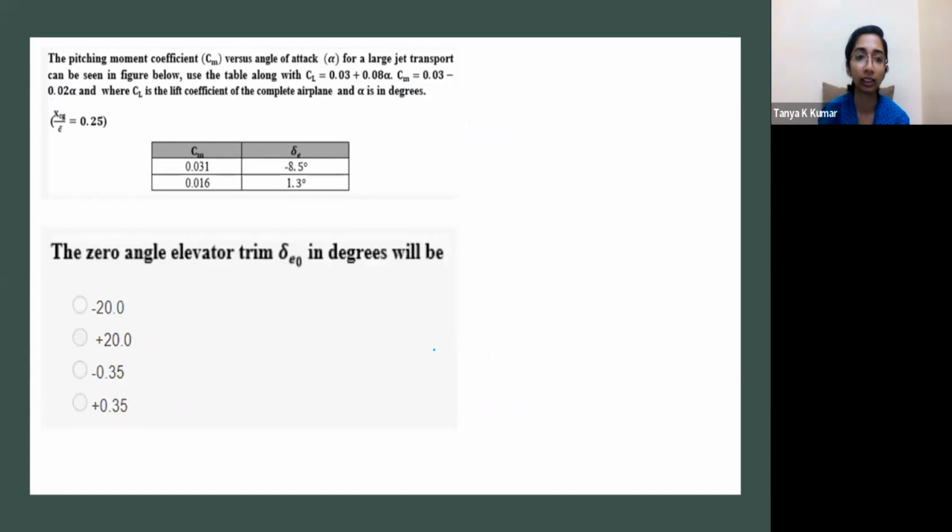Next question is the zero angle elevator trim, delta E naught in degrees. How do you find this? It's the intercept. Delta E naught, we know the formula. Now what is Cm naught from the equation? 0.03, yes.